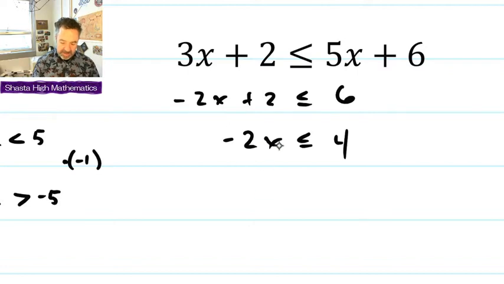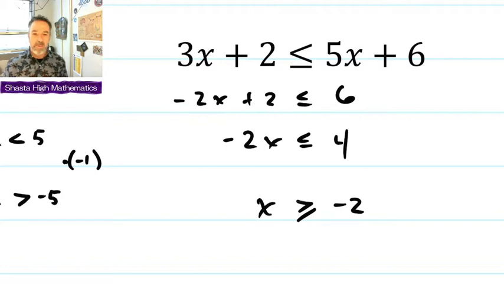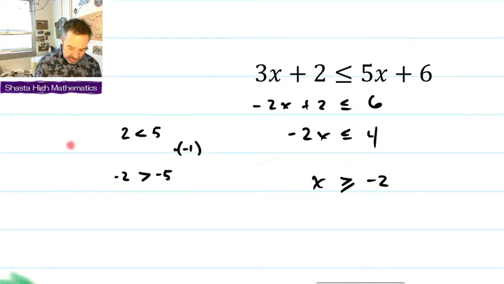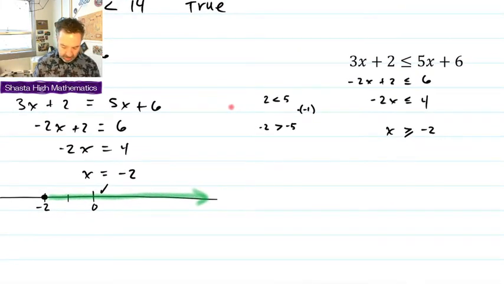So when I divide this side by -2, I get x. When I divide this by -2, I get -2. And look out, the direction of my inequality flipped from what it originally was. So you can see that that's pretty much exactly what we mirrored on the other side. And you can see we ended up getting the green inequality here, that x's were greater than or equal to the number -2.